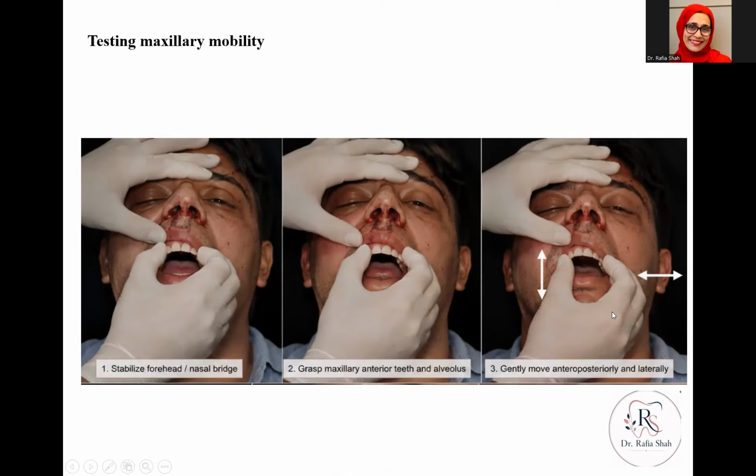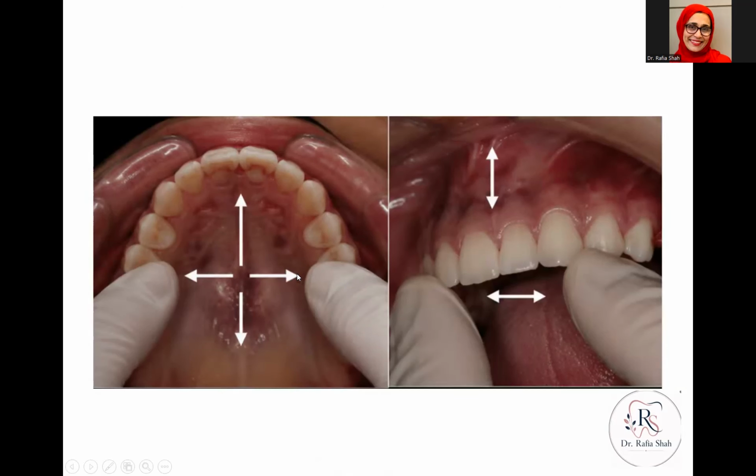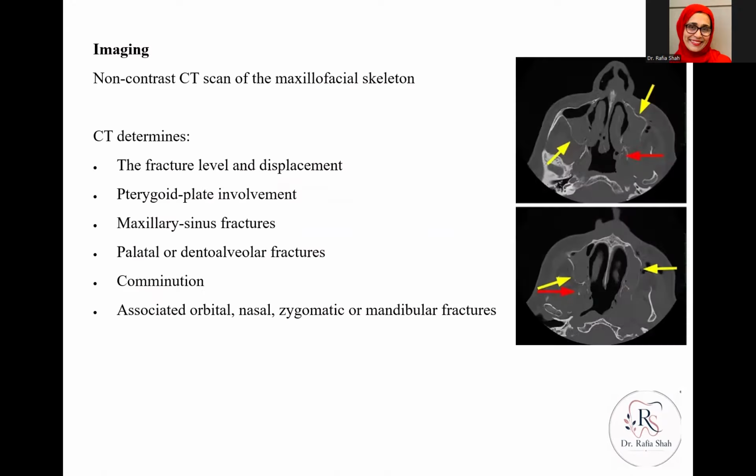The whole region will be floating, and this floating confirms that the patient has a Lefort 1 fracture. These are the directions in which the surgeon moves the maxilla, or the palate, to confirm this.